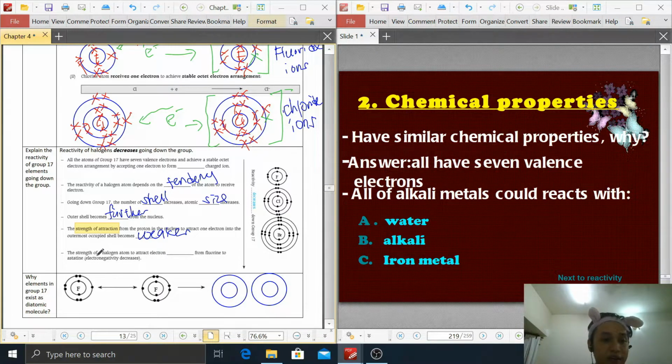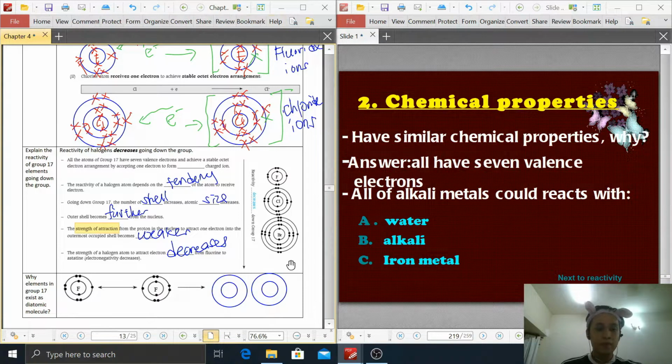So the strength of a halogen atom to attract an electron decreases from fluorine to astatine. Therefore their reactivity decreases going down group 17. Remember the difference between group 17 and group 1.